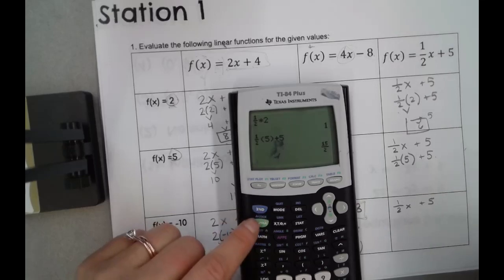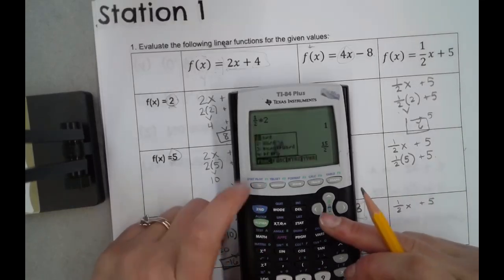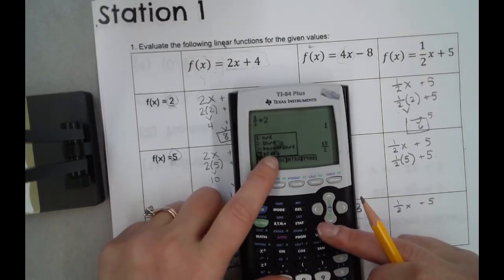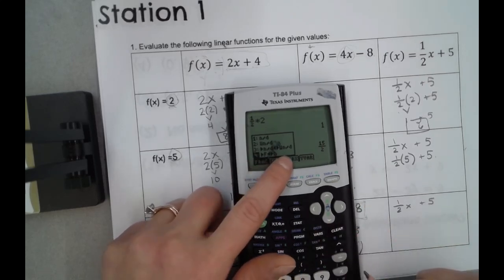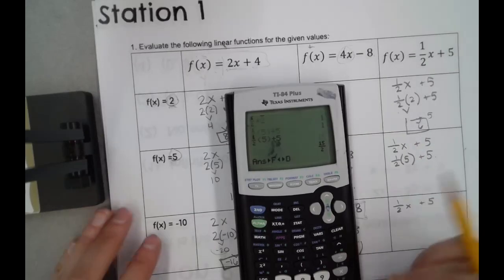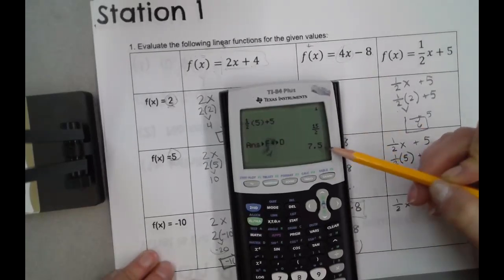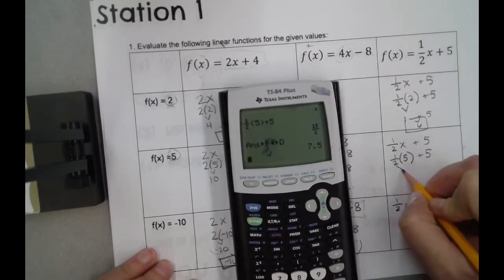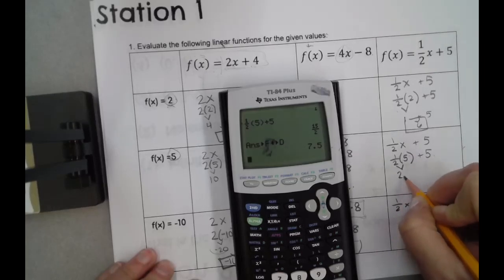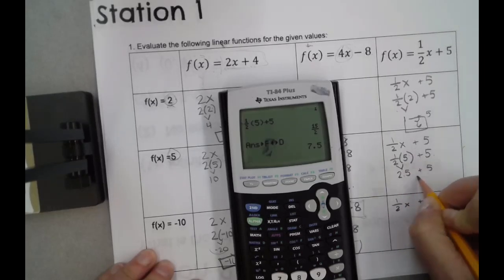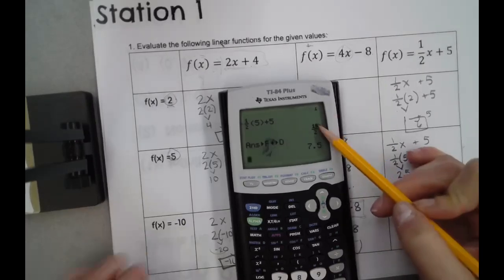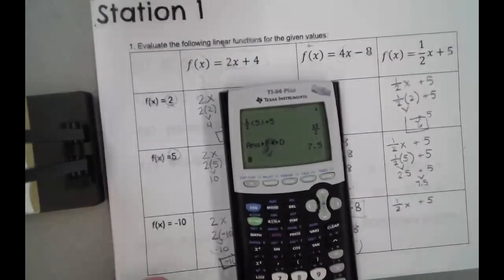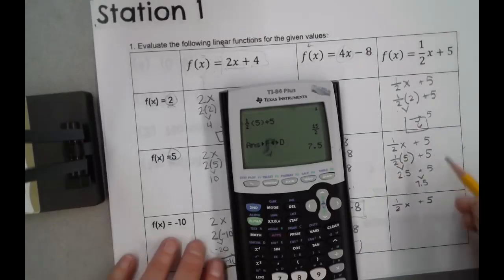I think what we can do is go alpha y equals down to 4, F to D, with these arrows that means fraction to decimal. Let's just see what it is as a decimal, because I like decimals better. Okay, 7.5. That makes sense, because 1/2 of 5 is 2.5 plus 5, and 2.5 plus 5 is 7.5. So the fraction 15 over 2 is also correct. This is all good. Beautiful.